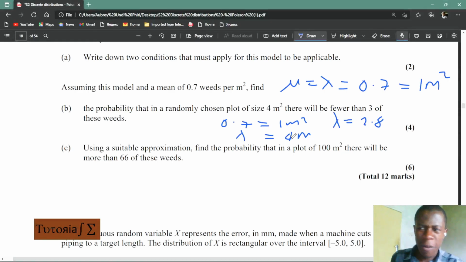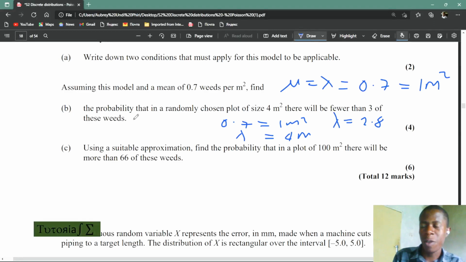So in 4 meters squared, our lambda will be 2.8. Now, what is the probability that there will be fewer than 3 of the weeds in the plot? So this is how we're going to calculate this.